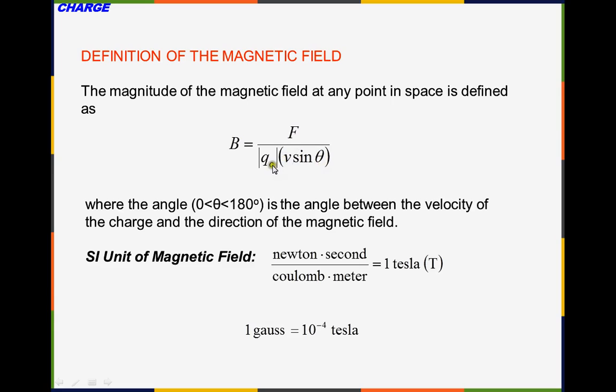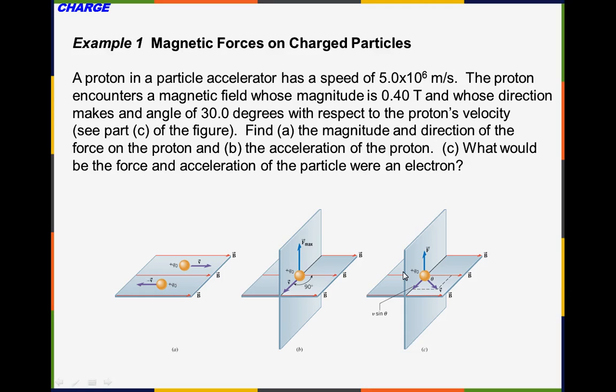So it's force divided by QV. And so the units for magnetic field, Newton seconds per coulomb meter, is Tesla, 1 Tesla. And if you have 10 to the negative 4th Tesla, that is a Gauss. So sometimes you'll hear these different terms used. We'll be doing things in Tesla.